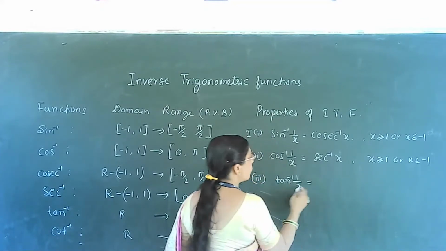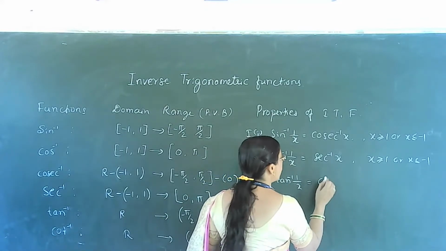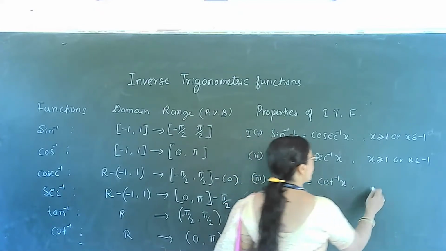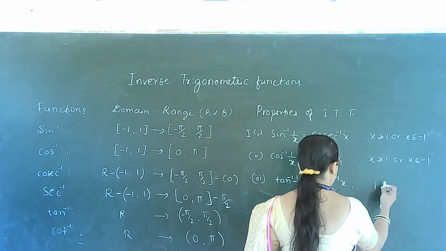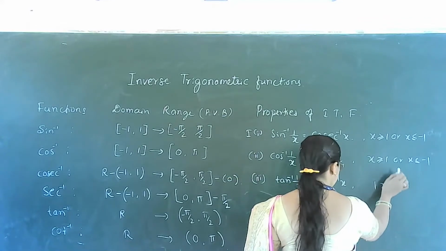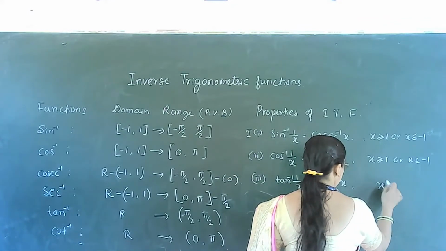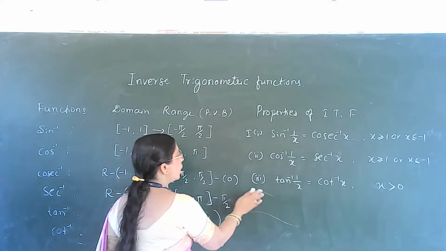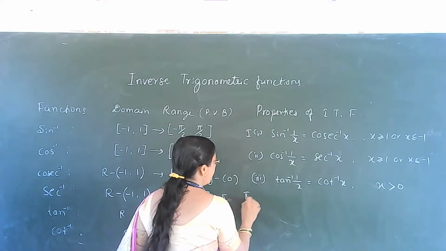Here also tan inverse of the reciprocal is cot inverse of x. Here the restriction is x is greater than 0. There are three properties again.